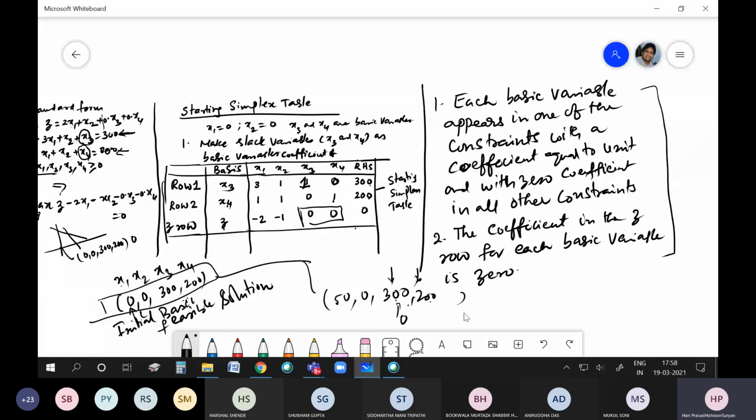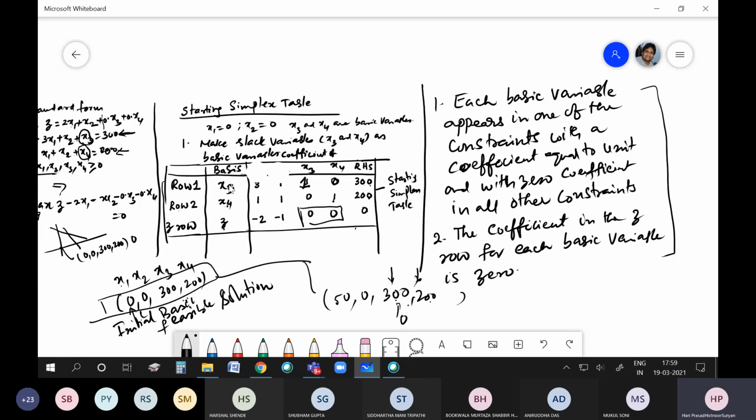So basically what I want to say is that I have to send either x1 or x2 into the basis. If I send one of them, I have to take out either x3 or x4 from the basis. So which one to choose?